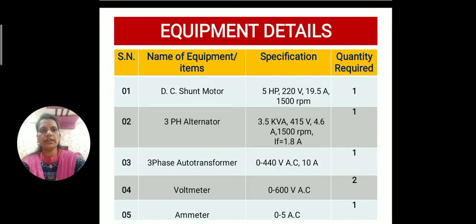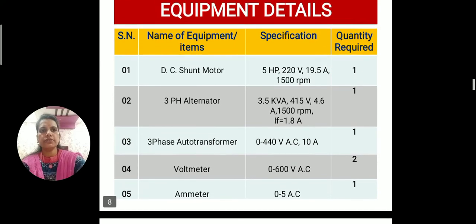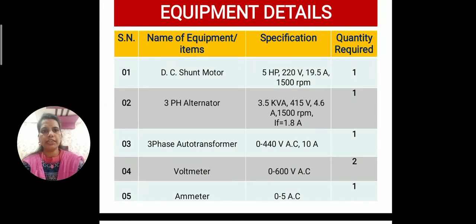Next we require voltmeters, 0 to 600 volt AC, 2 voltmeters. And last is the ammeter, 0 to 5 ampere, AC ammeter. By using this equipment we are going to perform the experiment. This is the rating and these are the quantities required.